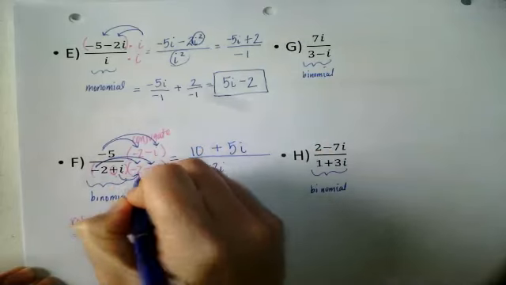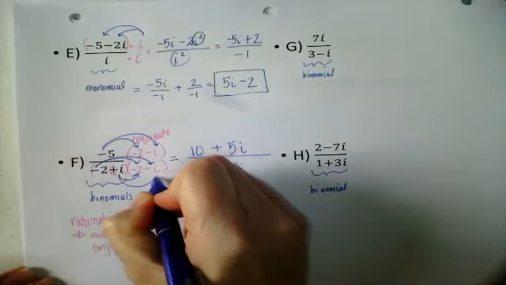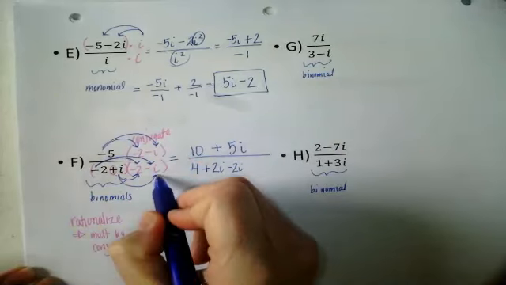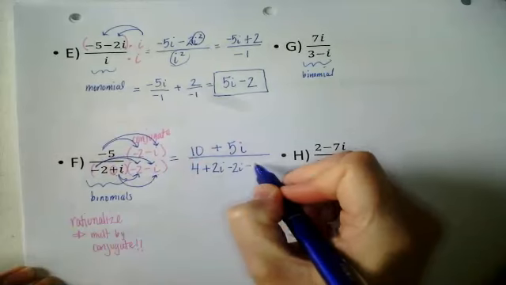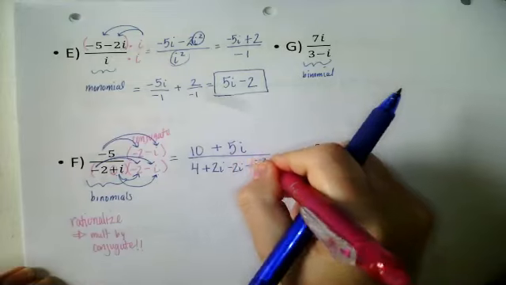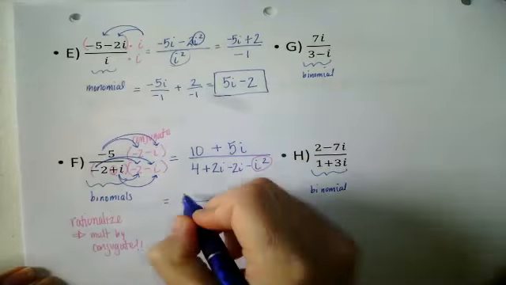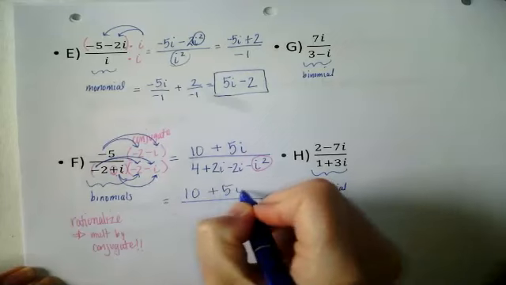The inside, I times negative 2 is negative 2I. And last times last, I times negative I is negative I squared. So again, paying attention to that negative. So we have 10 plus 5I in the numerator.